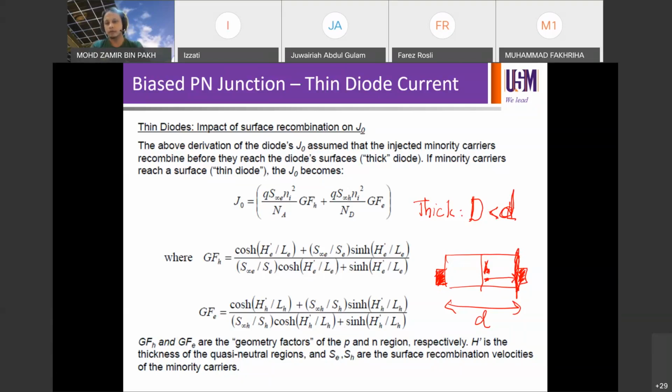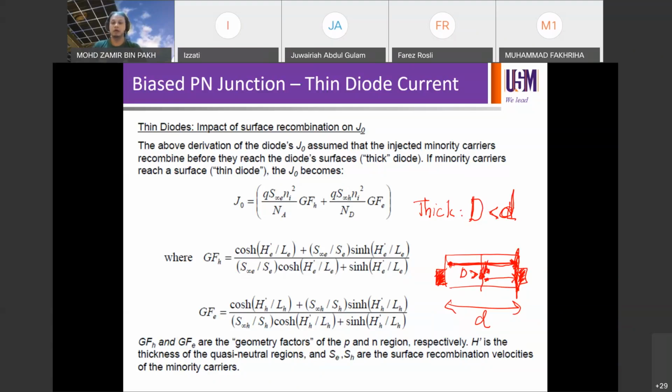This is only one side, right? So let's go to the extreme. If your hole is generated here, and you want it to go to that contact on the right, then technically you want your diffusion length to be larger than your device thickness, the small d. So you want your hole generated here to be able to cross, survive and be collected at the contact.